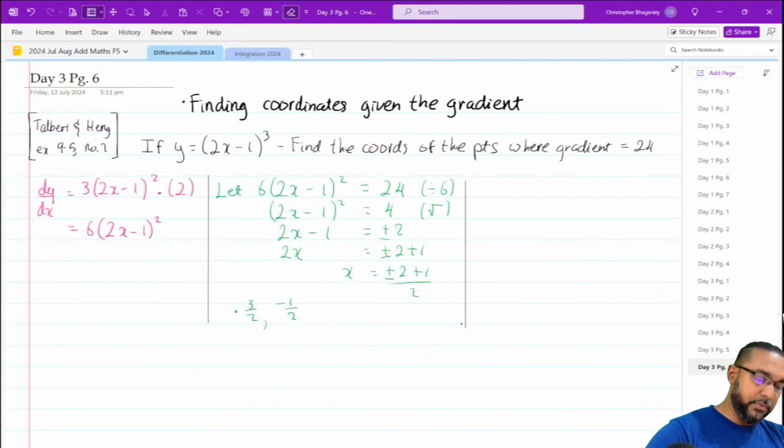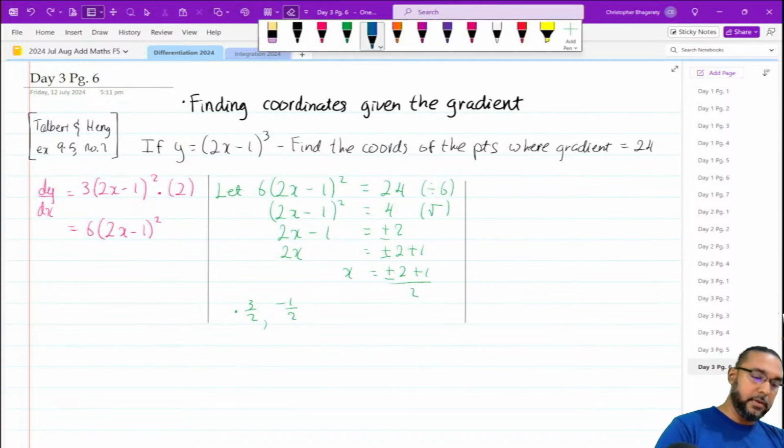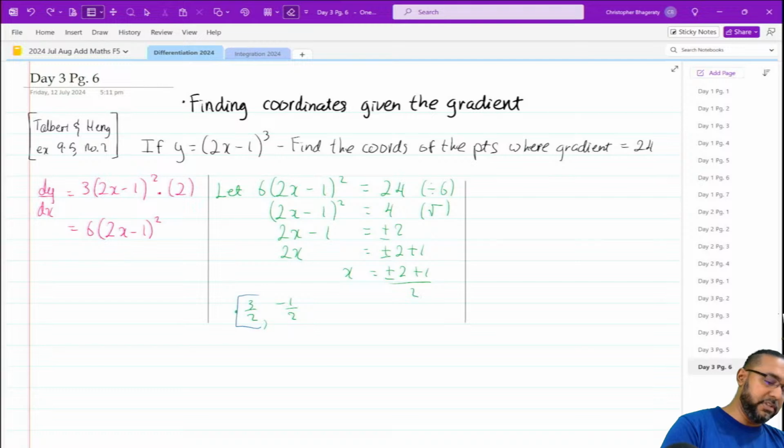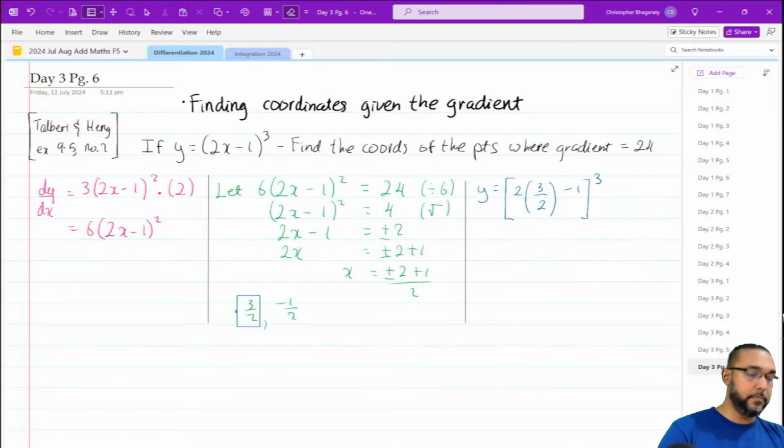And of course, now to find the y values, we substitute them inside of the original function. All right, so we're just going to consider the positive one just for the sake of simplicity. So y would be equal to (2 by x, which is 3 over 2, then minus 1) cubed.